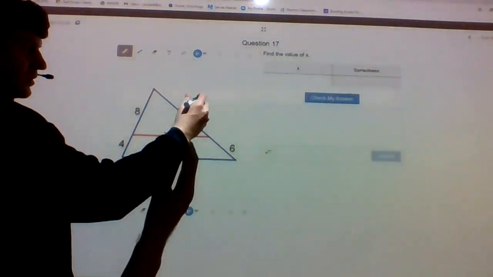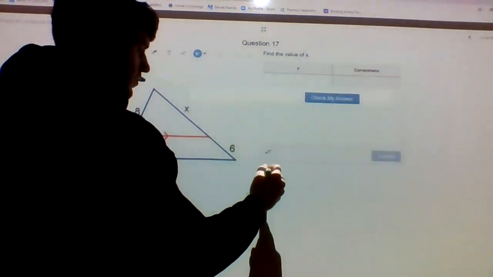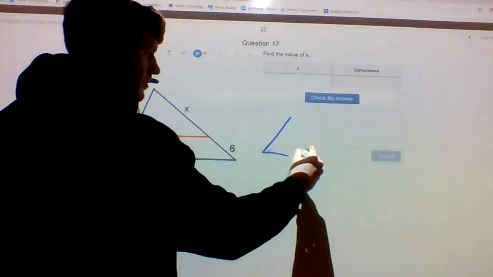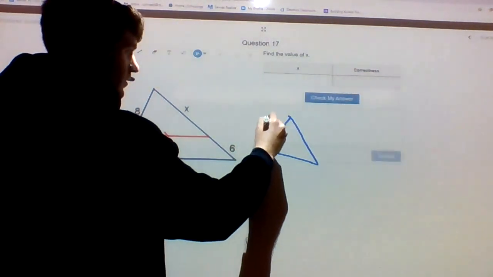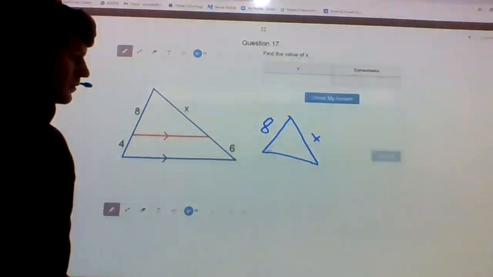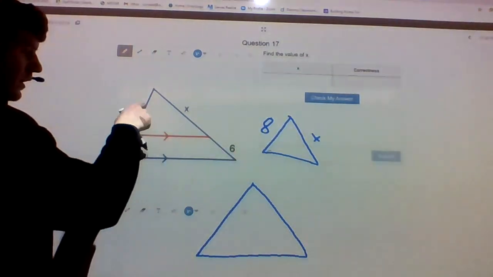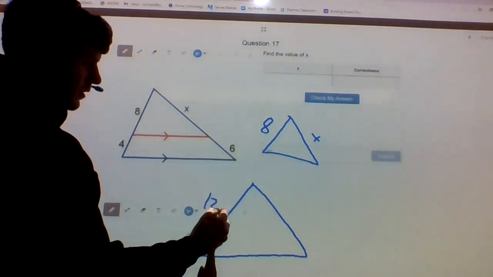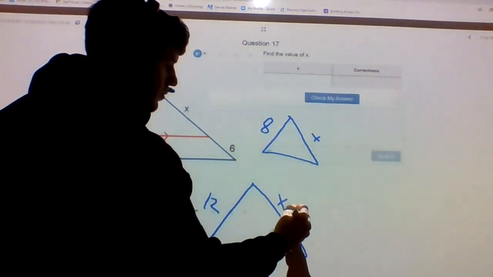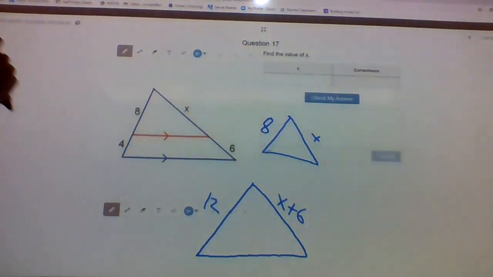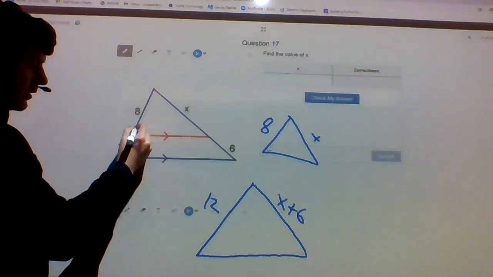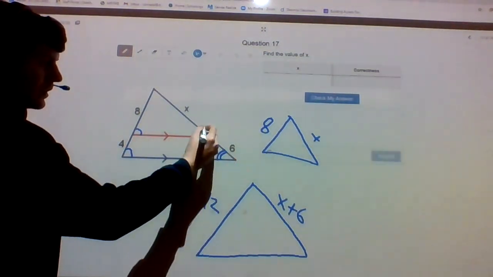Okay, you could draw them separately though. If we draw the triangle separately, you have 8 and you have x. Then if you look at the big one, you have 12 and you have x plus 6. And you could set up a proportion there. These are similar because corresponding angles are congruent, so we have angle-angle similarity.